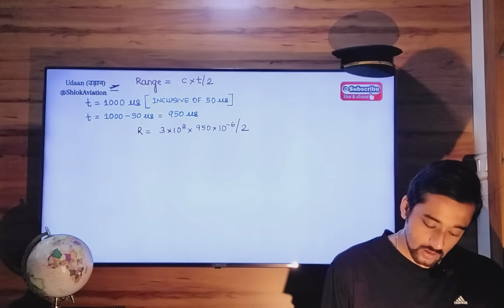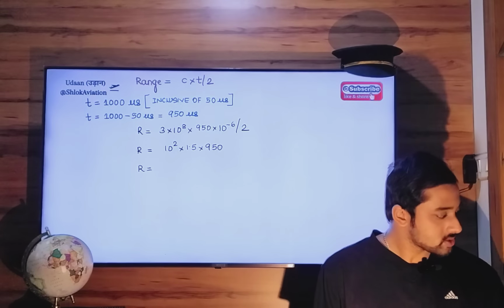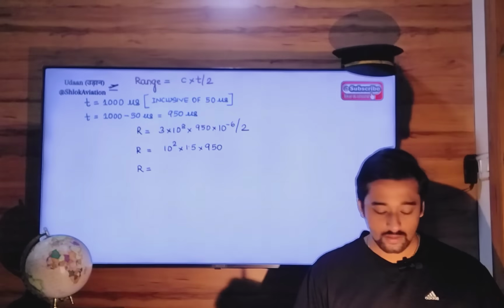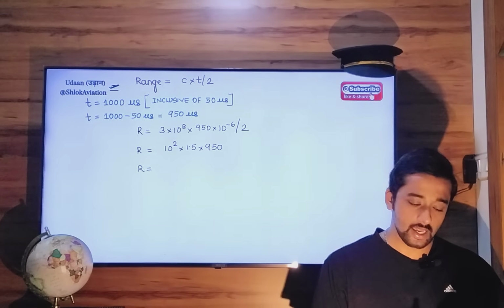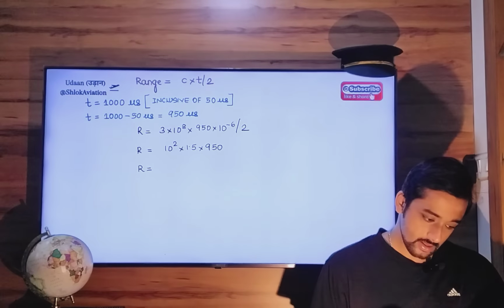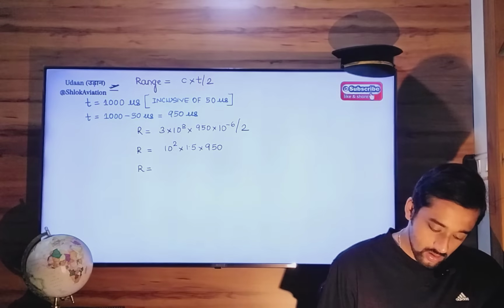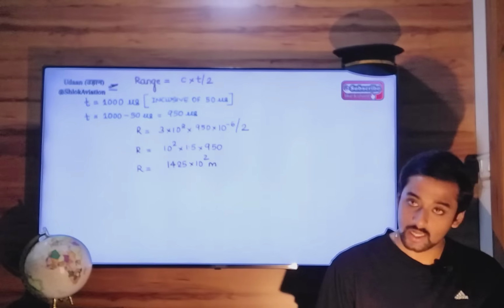So range will be speed into time divided by 2. So range will be 10 raised to 2 into 1.5 into 950. So range will be equal to 1.5 into 950, 1425 into 10 raised to 2 meter.